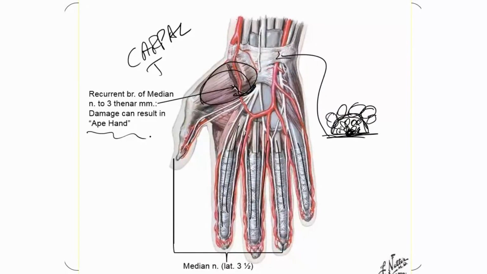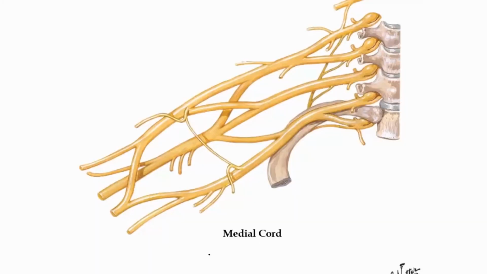So long-term effects of carpal tunnel syndrome will lead to thenar wasting, and if totally untreated, you can eventually have, again, ape hand, like we talked about previously. And again, to review, the lateral 3.5 digits are supplied by the median nerve.